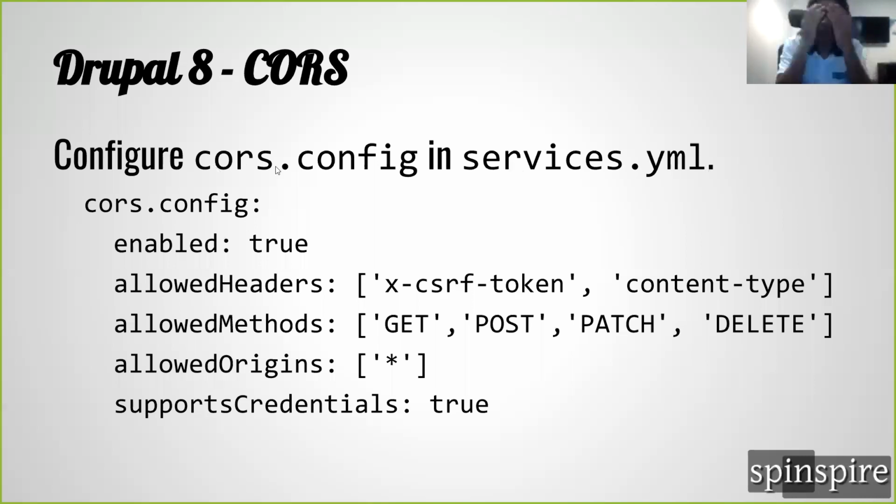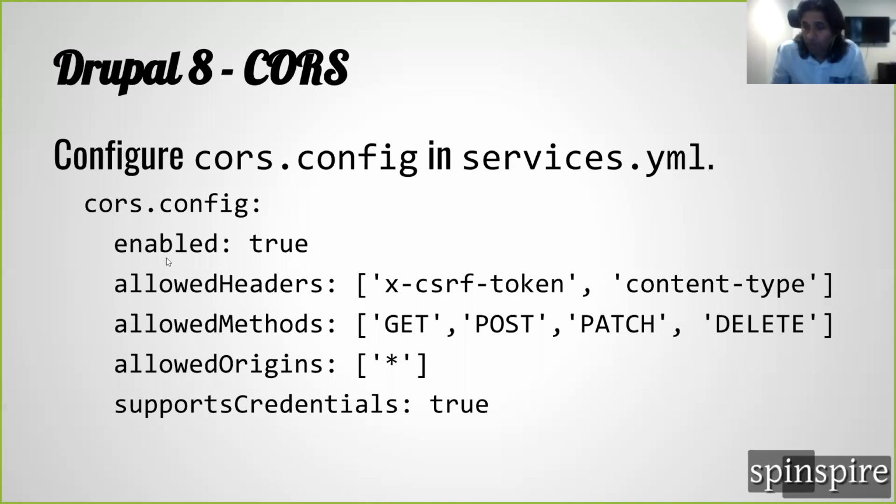This once again is another security measure, I guess. I won't be going into all the details of what CORS is and why it is required, but the practical aspect of it is that you have to tell Drupal that CORS is enabled.